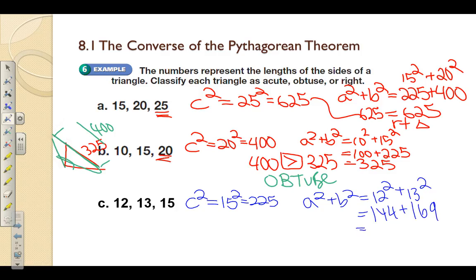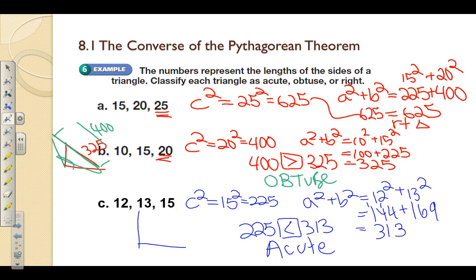I already know without adding that up that it's greater than, but I'll try to do my math. That's 313. So 225 is less than 313, so it is acute. Again, I've got a right triangle and I'm expecting 313, and what I'm given is just 225. So it's going to be an acute angle.